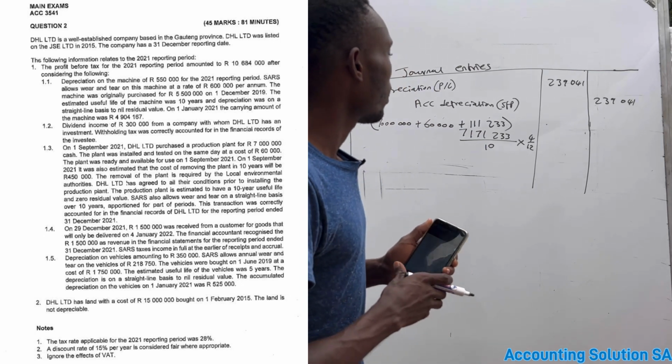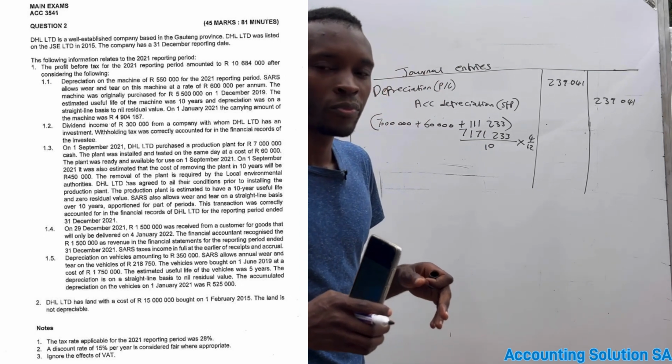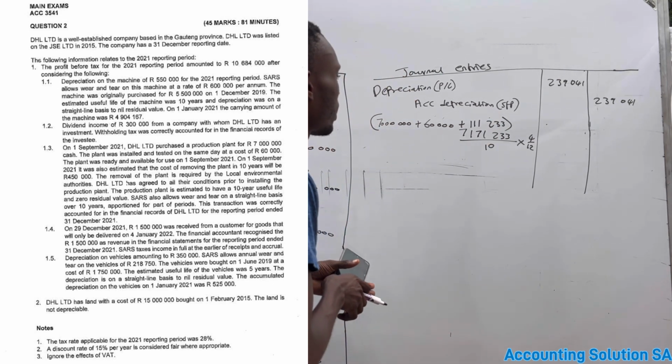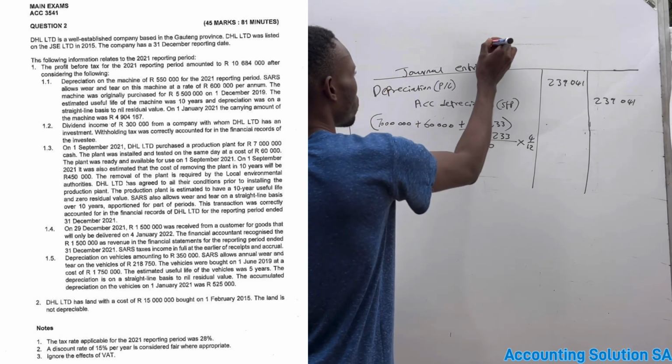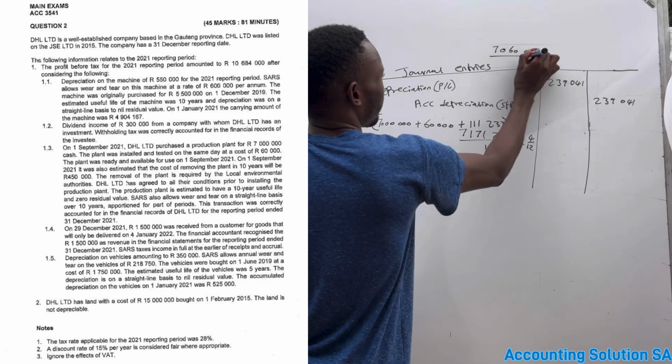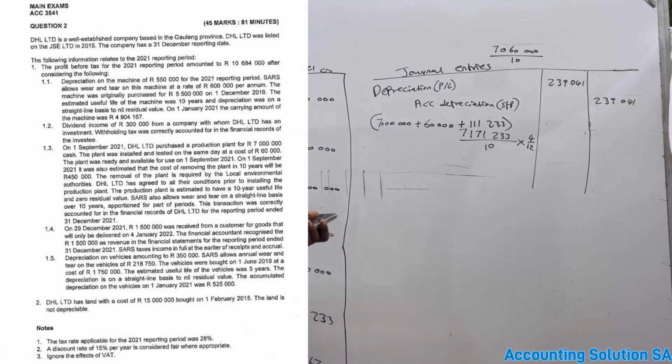The difference is that when it comes to SARS, there's no dismantling cost, which means that their cost price is going to be 7,060,000 divided by 10. There's no dismantling cost in the tax transaction, which means that their wear and tear is going to be 706,000 multiplied by 4/12.